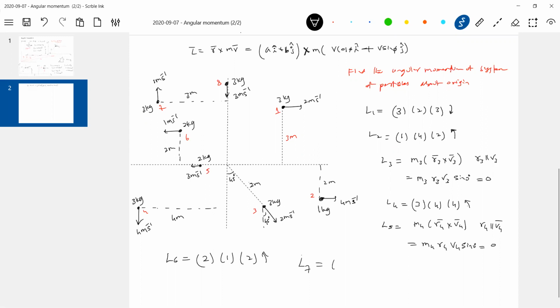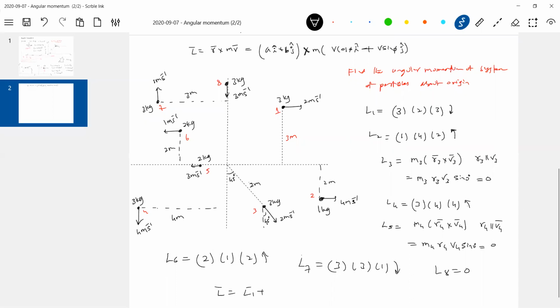Okay, let's come back to this one. 3 kg, 3 meter, this is the first one. So this should be clockwise. What about L3? Shall I write 0 directly, because it will intersect the axis of rotation? All those which are anti-clockwise get plus k cap, those which are clockwise get minus k cap. Then take the vector sum of those and you'll get the required answer.